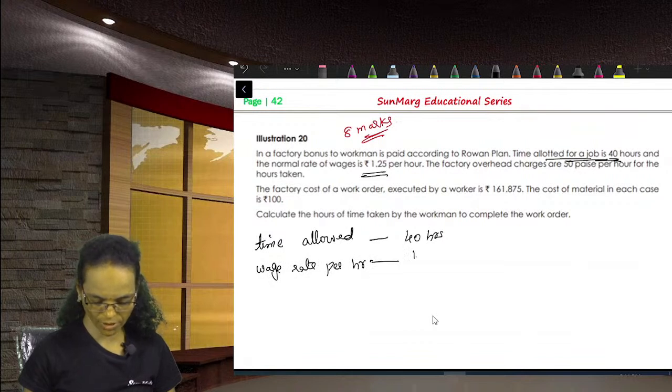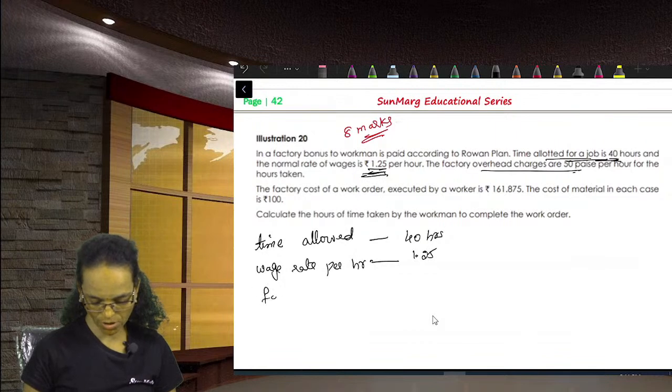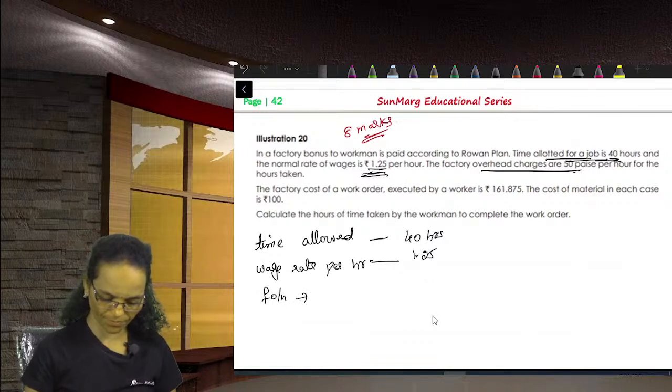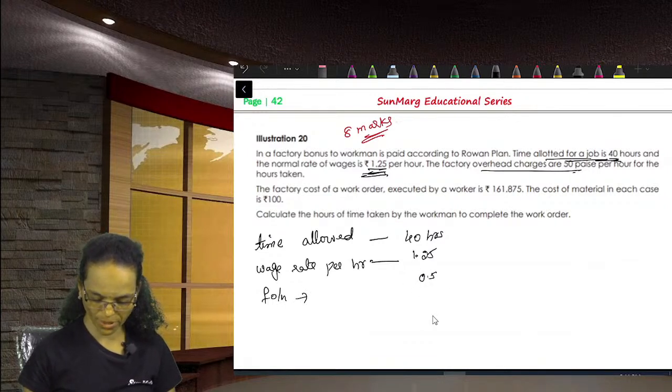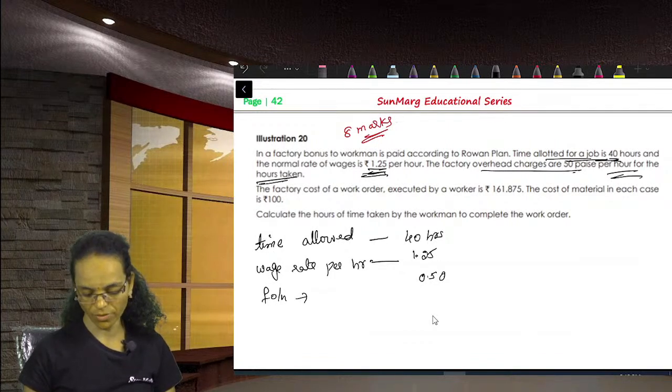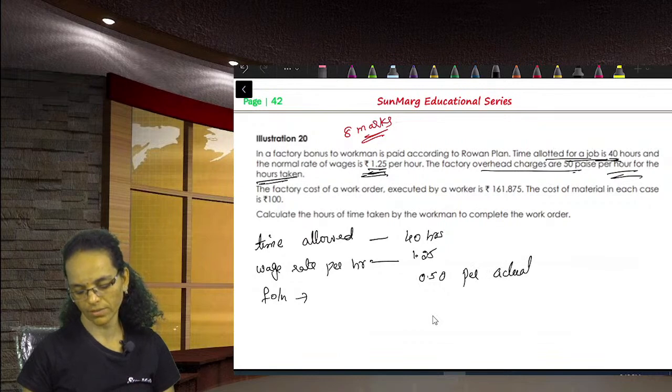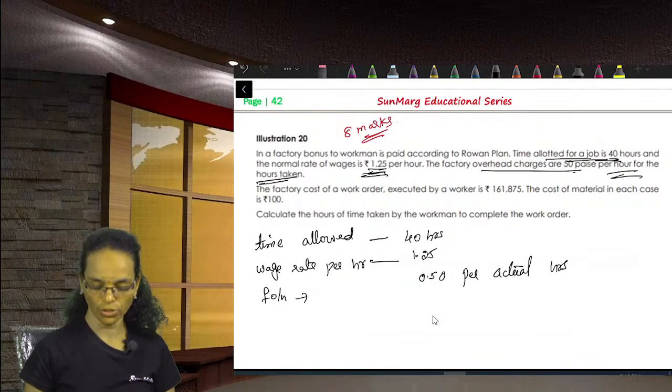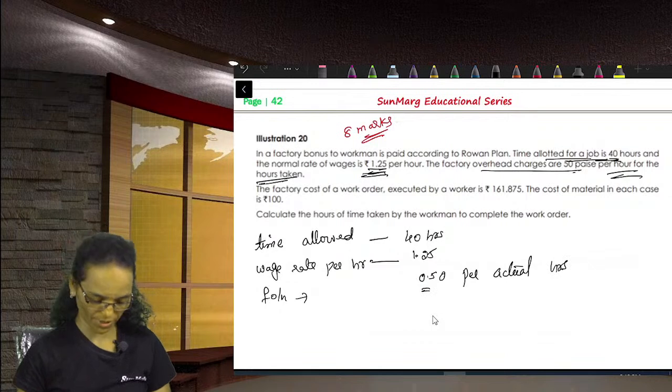And how are the factory overheads charged? At 0.5 paisa per actual hour taken. However many hours you take, multiplied by 0.5 paisa, is the factory overhead.